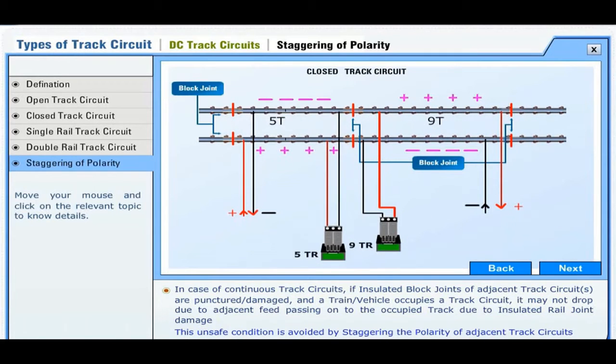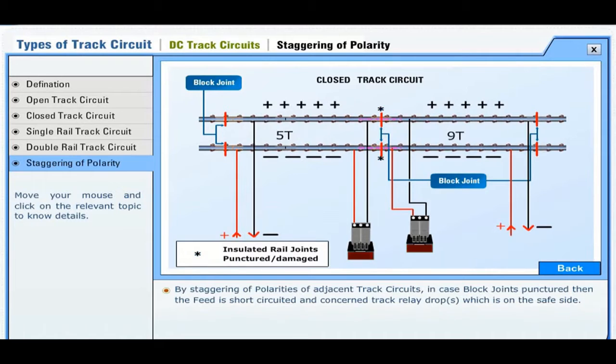This unsafe condition is avoided by staggering the polarity of adjacent track circuits. If block joints are punctured, then the feed is short-circuited and the concerned track relay drops, which is on the safe side.